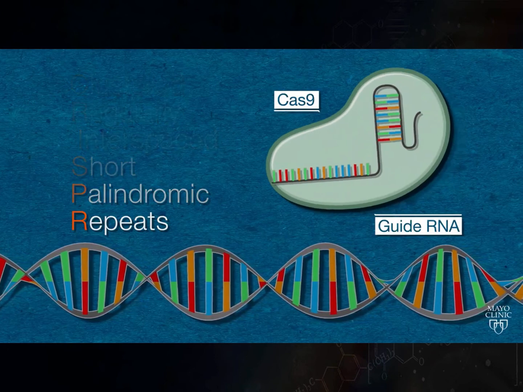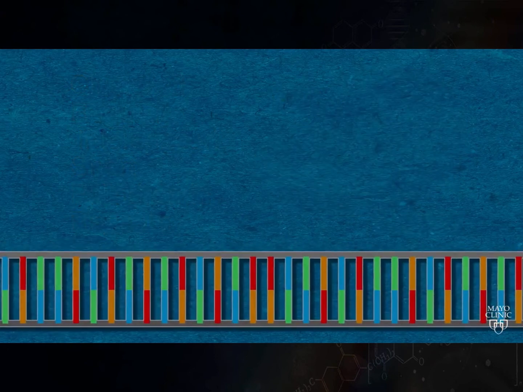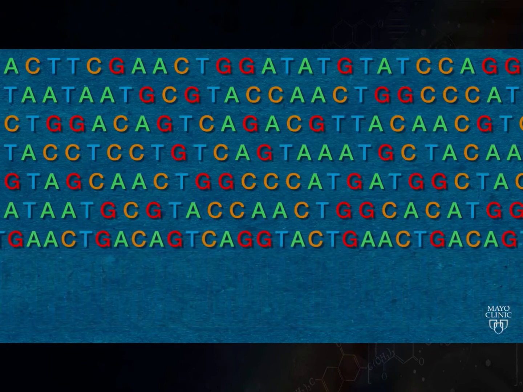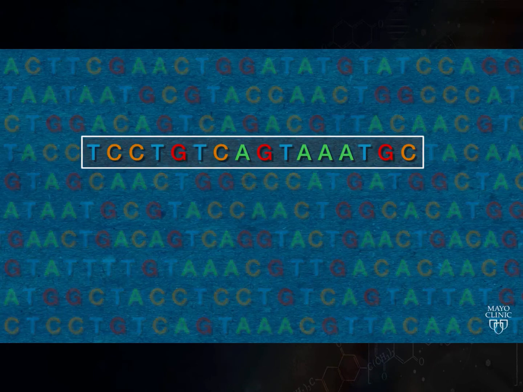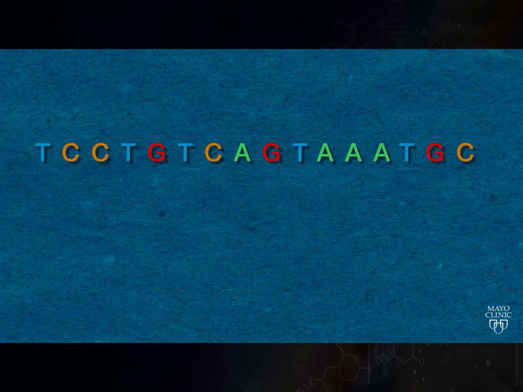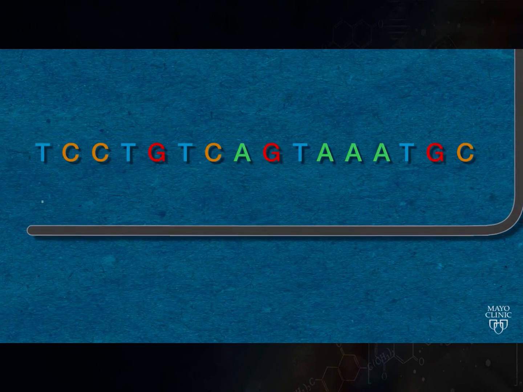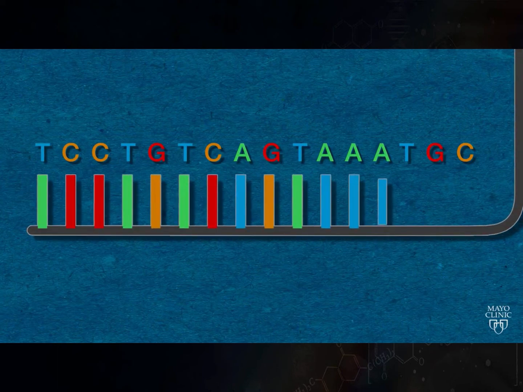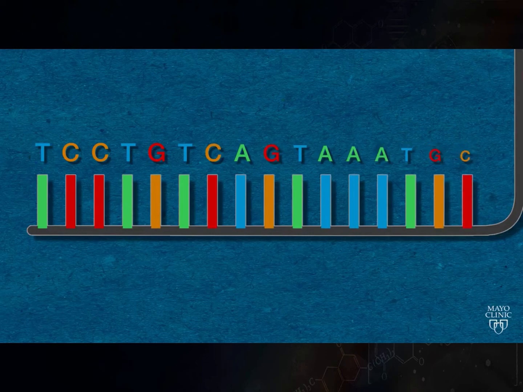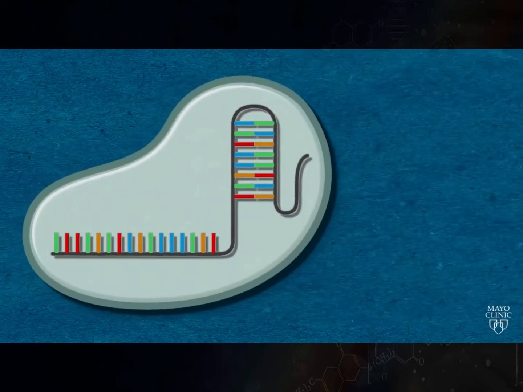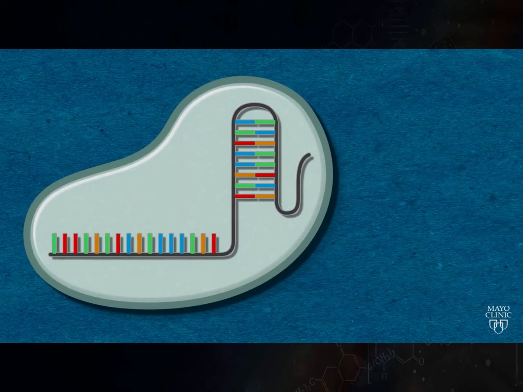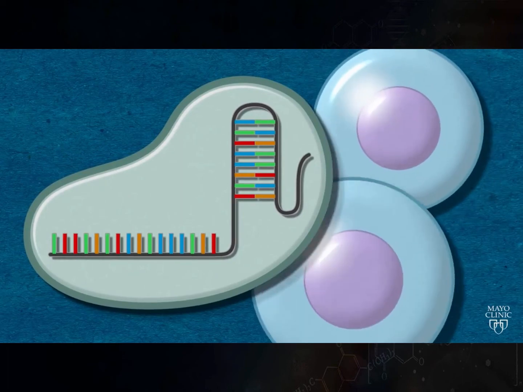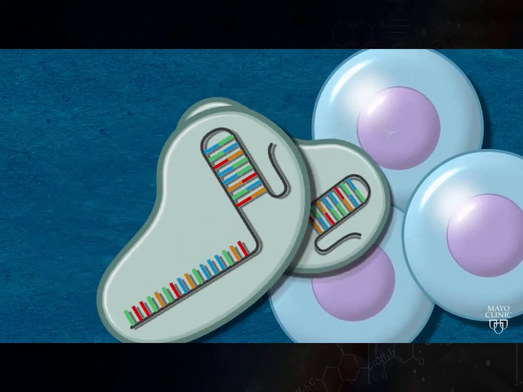To use CRISPR-Cas9, scientists first identify the sequence of the human genome that's causing a health problem. Then, they create a specific guide RNA to recognize that particular stretch of A's, T's, G's, and C's in the DNA. The guide RNA is attached to the DNA-cutting enzyme Cas9, and then this complex is introduced to the target cells.